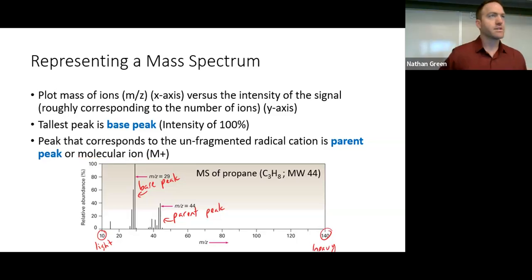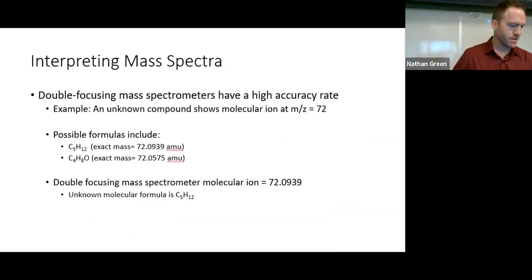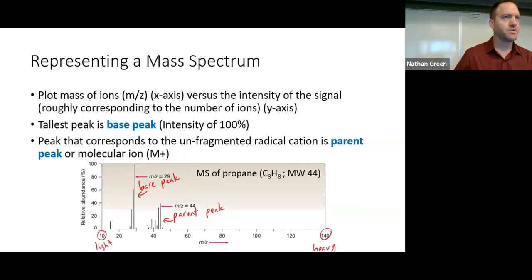So the molecular ion is not always going to survive. Sometimes a molecule is going to hit that beam and blow up into pieces, but there will always be a base peak and a parent peak. And I guess sometimes the parent peak can be the base peak, but there'll always be something that's the highest, 100% base, and heaviest parent. Let me come back to that in a second. Those two things are super important.